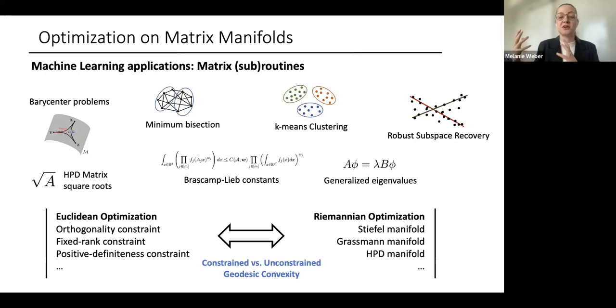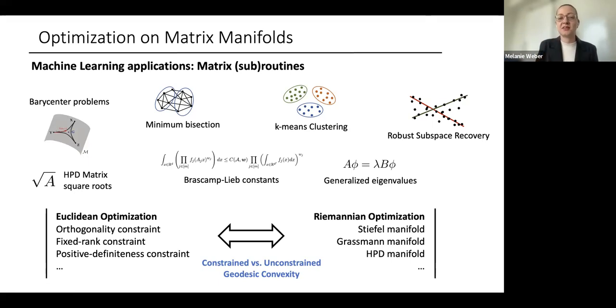In that case, we would be solving an unconstrained optimization problem, since the class constraint of the matrices is already encoded in the parameterization of our problem, right? Instead of solving a Euclidean constrained problem, we would be solving a Riemannian unconstrained problem. In general, if you've done optimization before, it's usually easier to solve an unconstrained problem as opposed to a constrained problem.